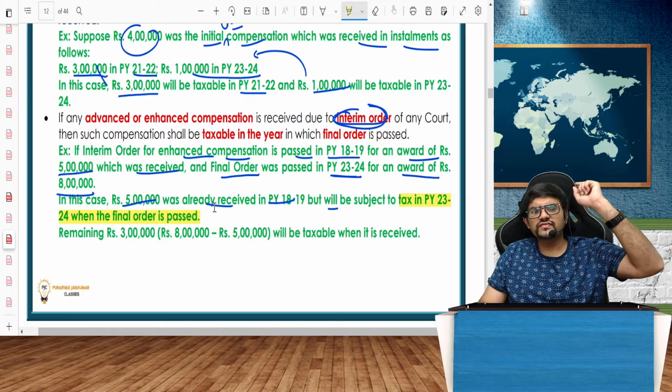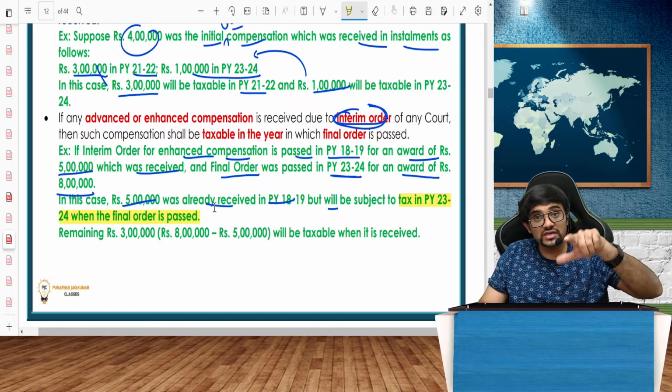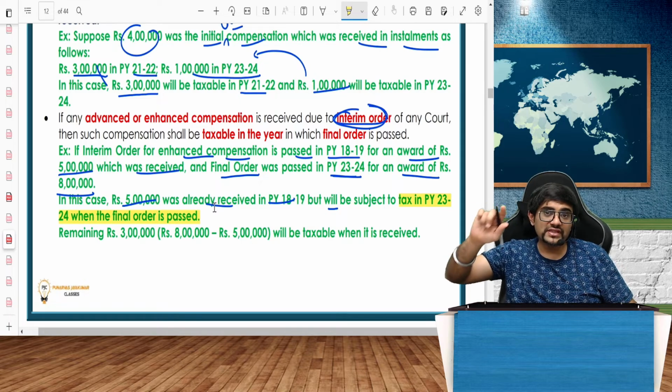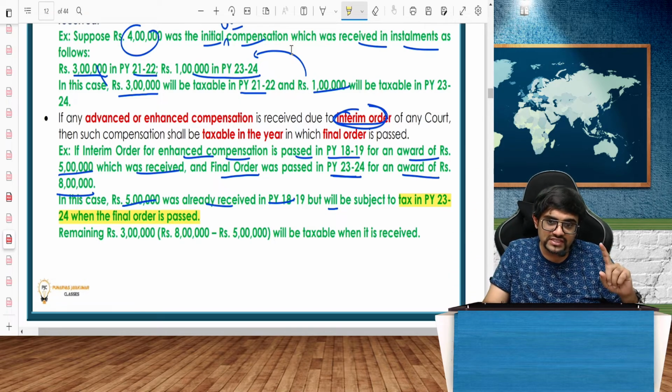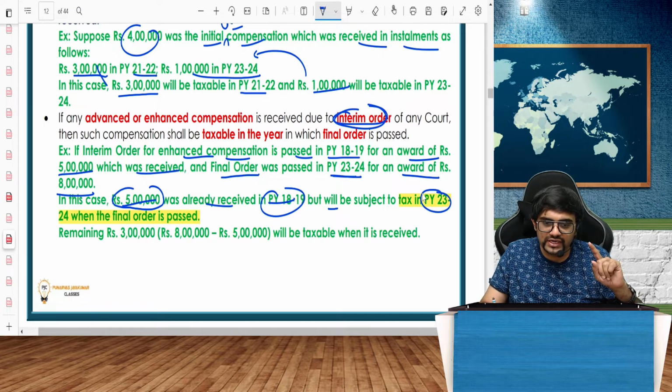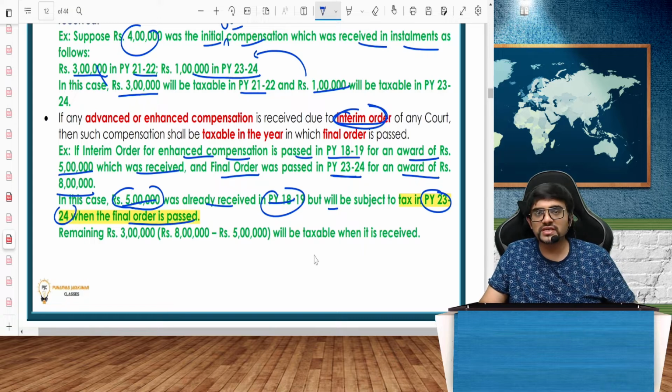Always remember this if they ask you about an interim order in the exam. Though you received 5 lakh in 18-19, it will be taxed only in 23-24 when the final order is passed.